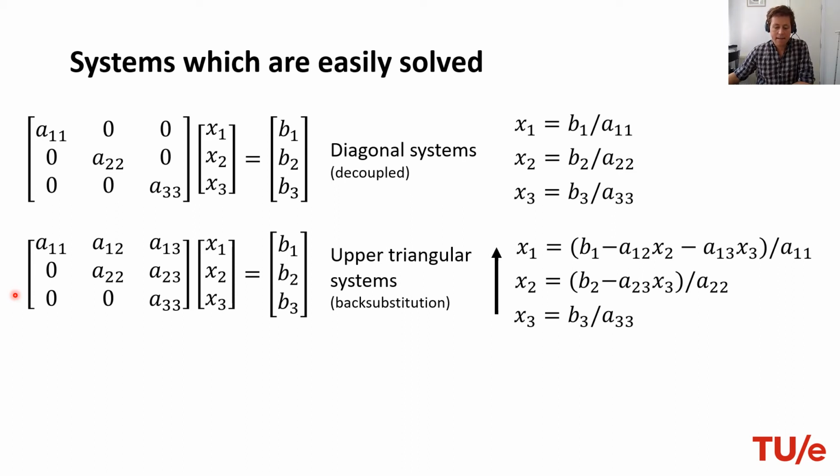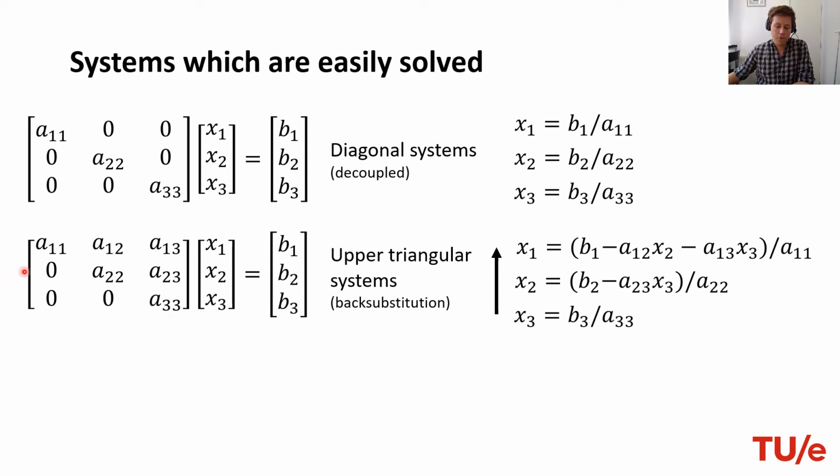In back substitution, we start from the final row and work our way up. This final row is the same as the final row in a diagonal system. So the final equation in this linear system is decoupled from the others. So we can easily compute the value for solution x3 by simply dividing the right-hand side b3 by the coefficient a33.